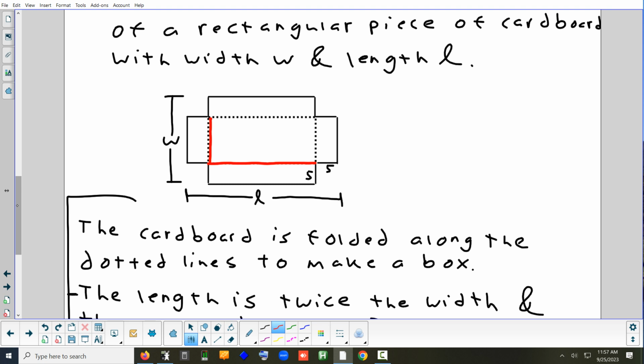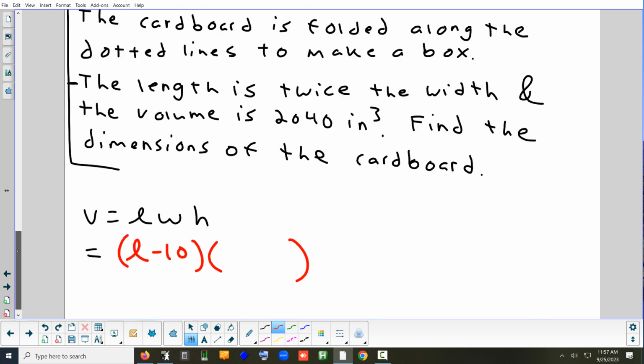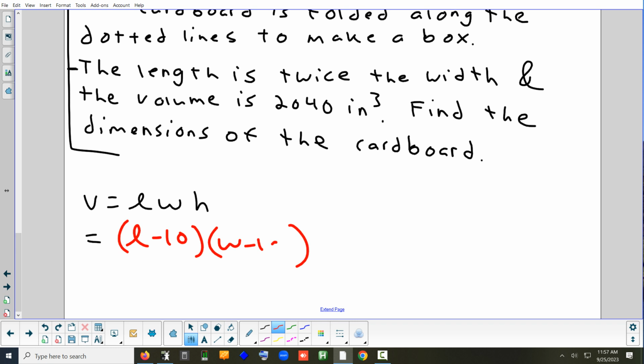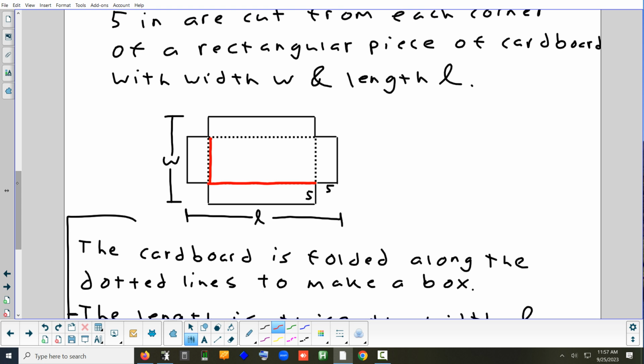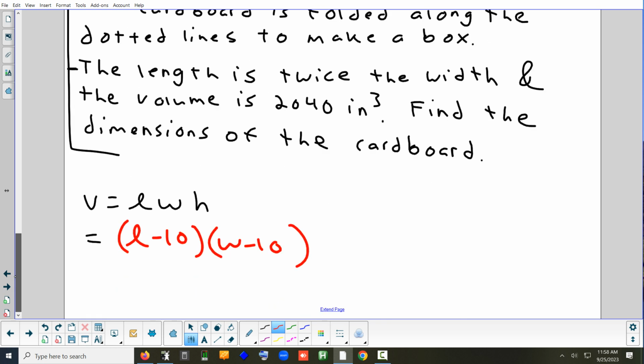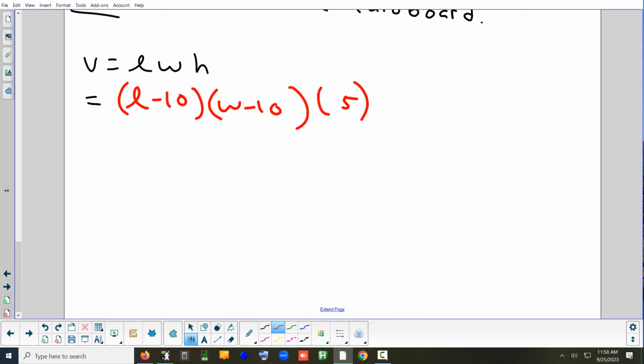So W minus 5. Minus... You're cutting something from each side. Oh, minus 10. Yeah. So W minus 10. And we're going to get back to what you said about the length being twice the width. And lastly, what's the height? Think about when you fold this side up. Yeah? 5.